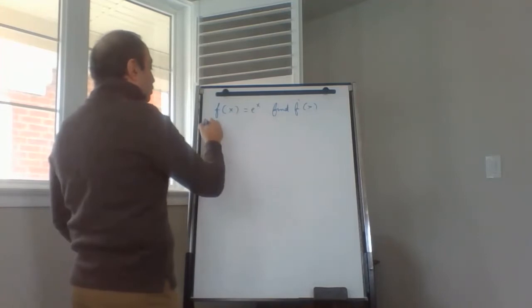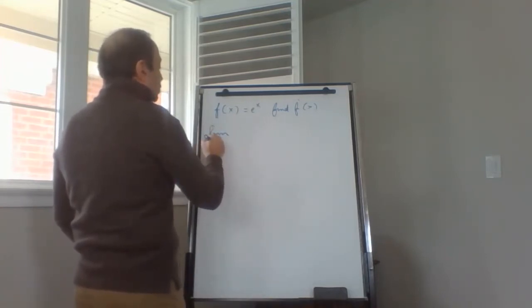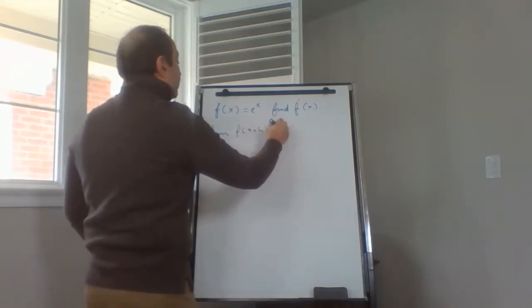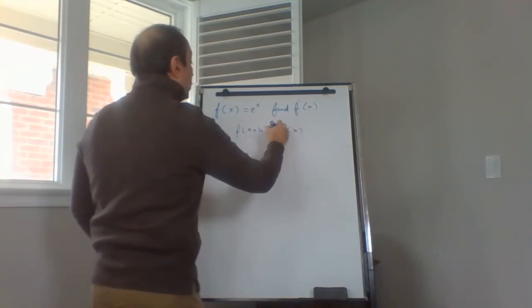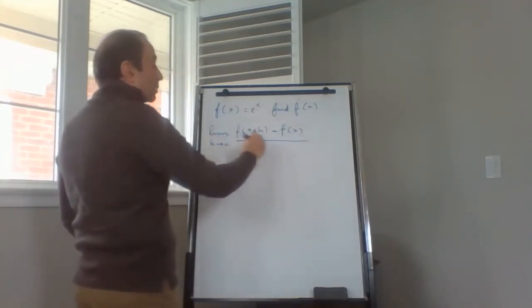The Newton quotient rule says the limit as h goes to 0 of f of x plus h minus f of x, over h. We know that all the derivative rules come from this principle.